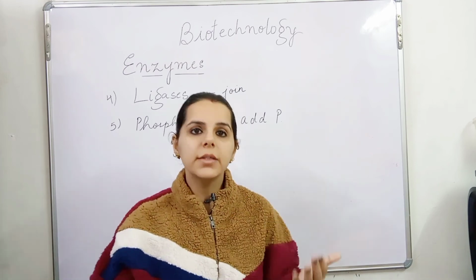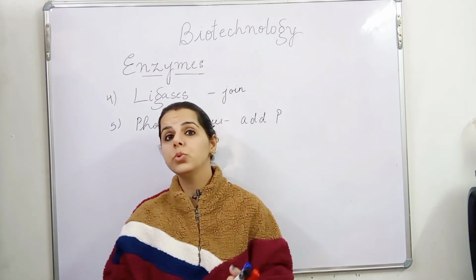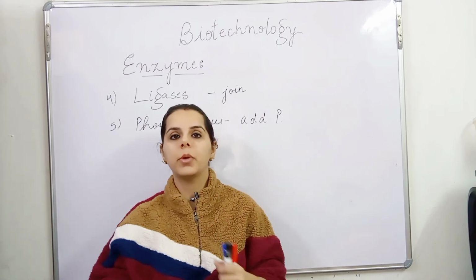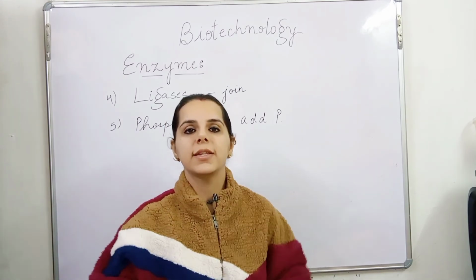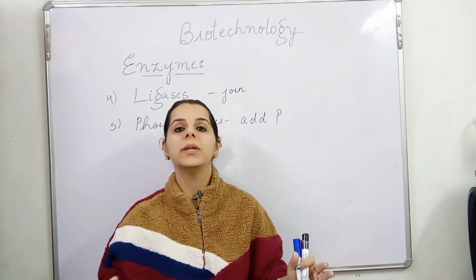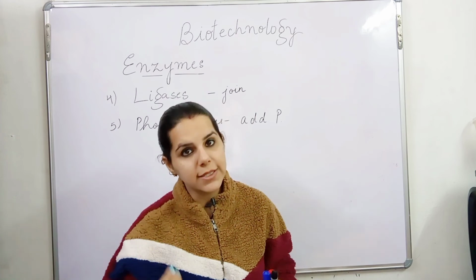Then third are alkaline phosphatases, which are used to remove the phosphate group from the 5' end so that the plasmid DNA could be in the linear form and we will be able to add our gene of interest or the insert to it.